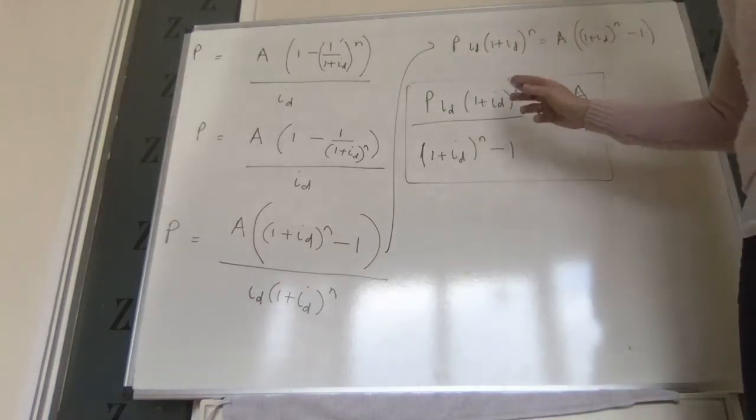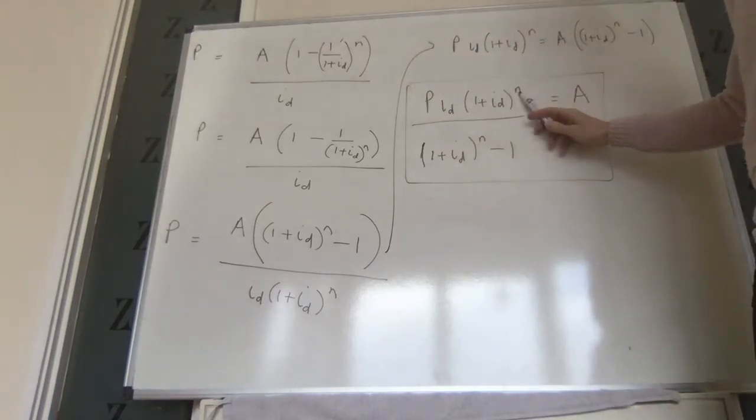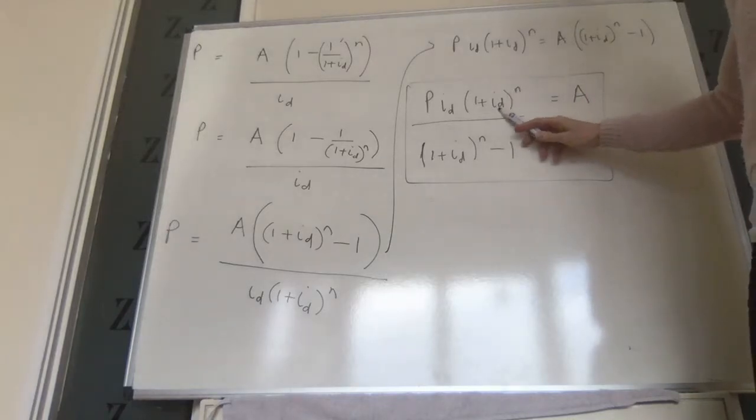So again, just to be aware, you need to know the number of time frames you want to pay the money back over. You need to know the interest rate, the current interest rate for saving money.